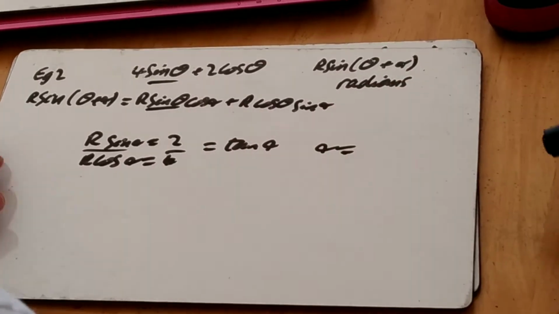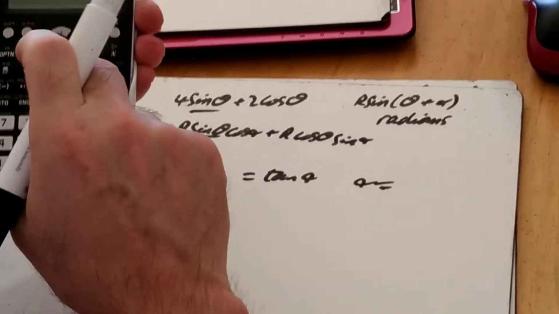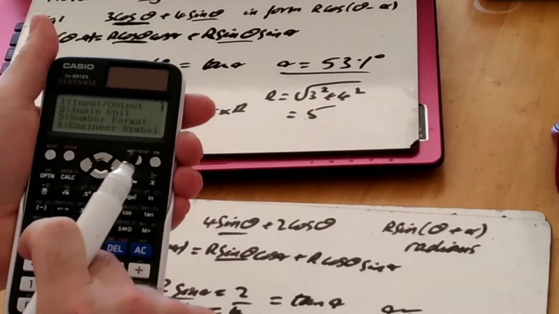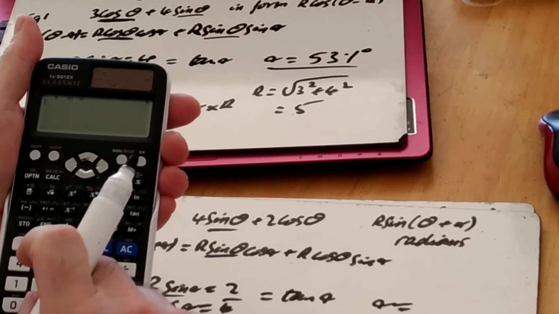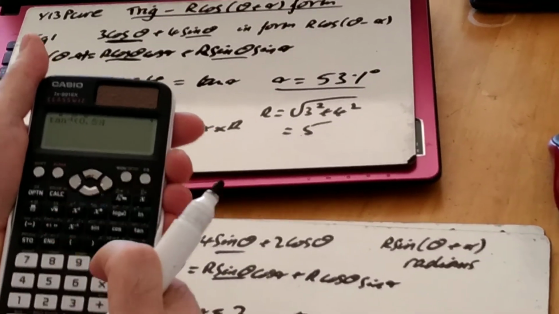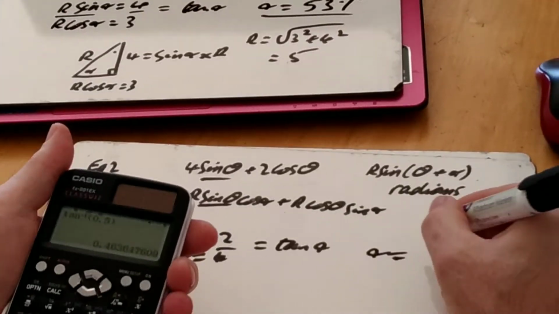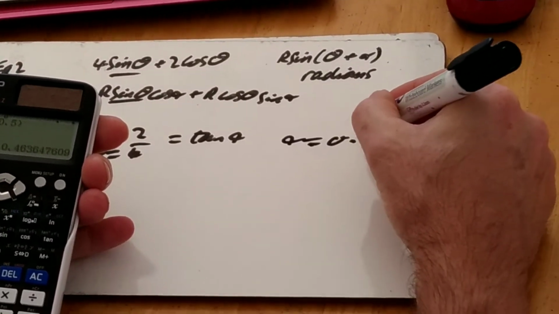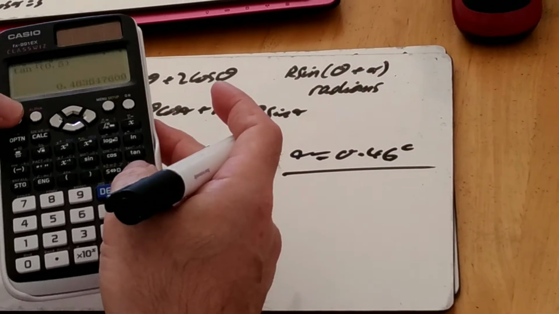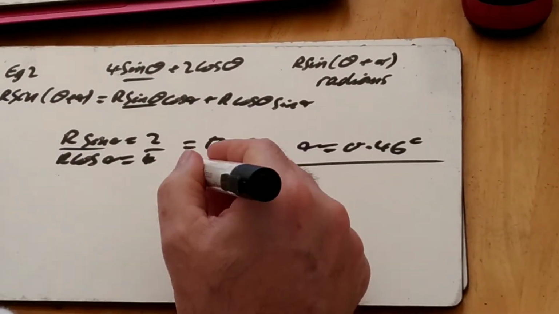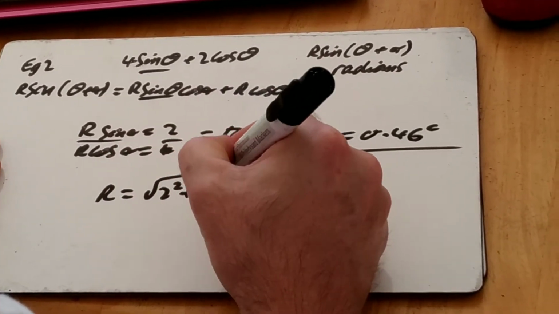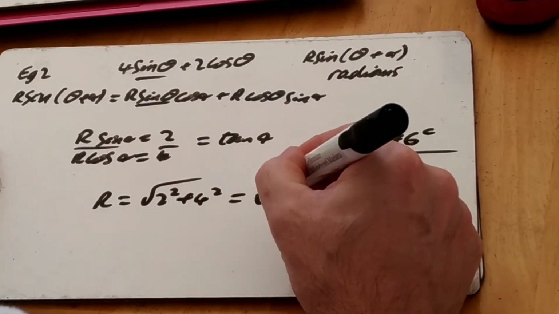So alpha is, first thing we're going to do is make sure I'm in radians, so angle, radians there, and then do shift, tan 0.5 equals, and we'll round off a little bit, 0.46 radians. Okay, that's my alpha value there. And then r is Pythagoras, root 2 squared plus 4 squared equals root 20.